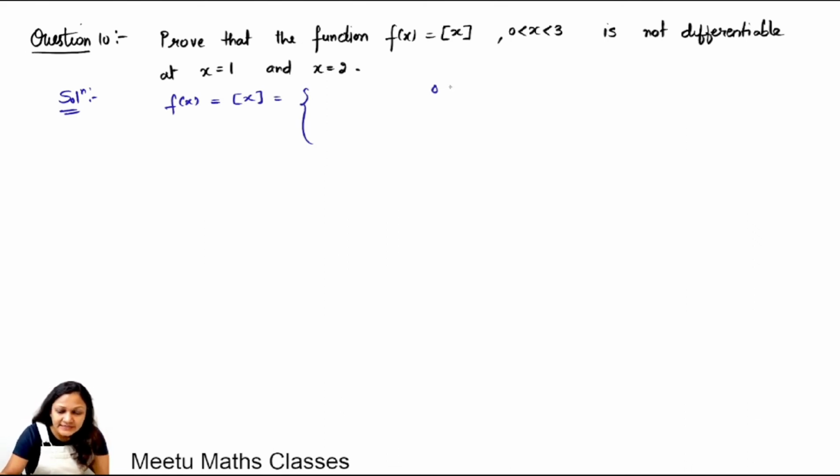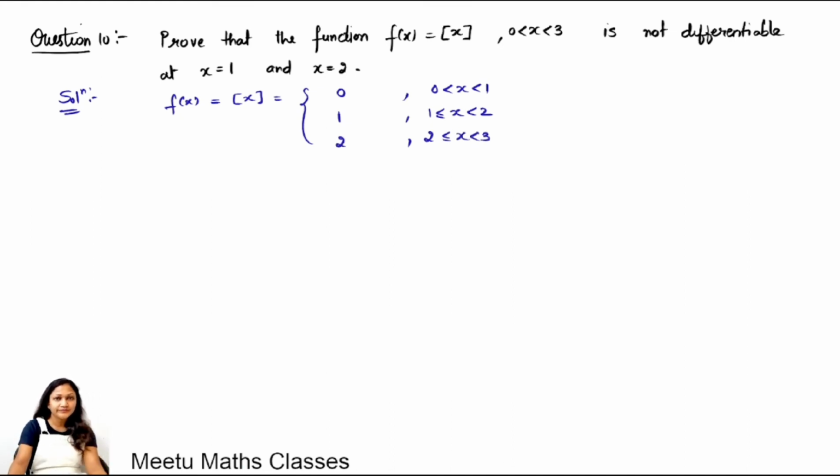So when x is lying between 0 to 1, your function is defined as the greatest integer function will give you 0. In between 1 to 2, your function is 1, and in between 2 to 3, your function definition is 2.